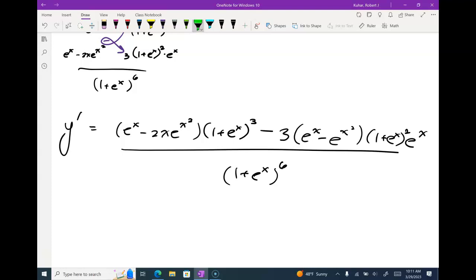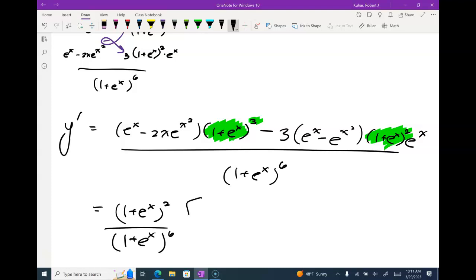So I have to try and figure out, can I factor anything here, right? And it's pretty clear that I can factor out a 1 plus e to the x to the 2nd power. Do you see that? They both share 2 factors. One of them's got an extra factor, right? So I can take out 2 of those. And of course, that's going to cancel with my to the 6th power.